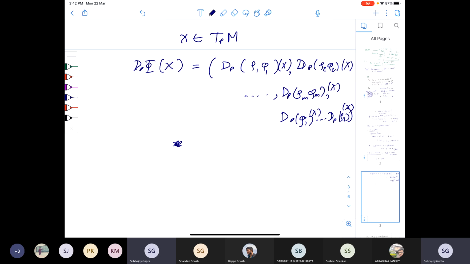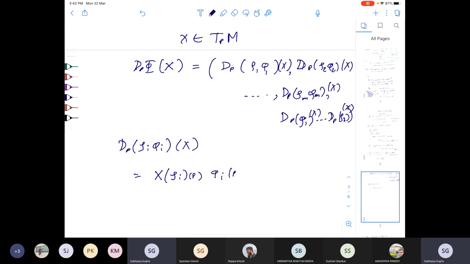So what does an individual thing look like? Suppose I do dp of rho i phi i applied to x. Well, the Leibniz rule will tell you that this is the same as taking x of rho i at p, remember x is itself a derivation, times phi i of p.